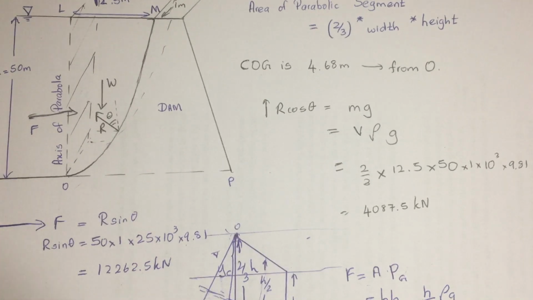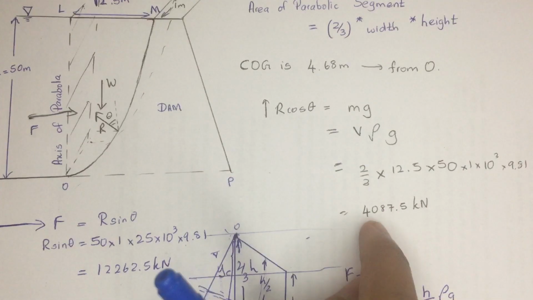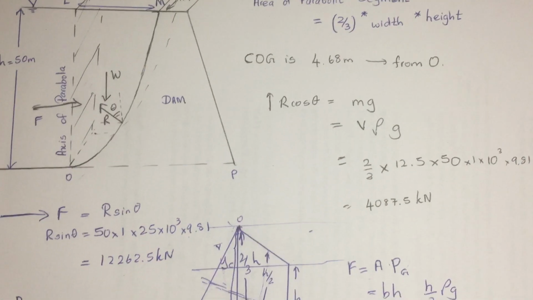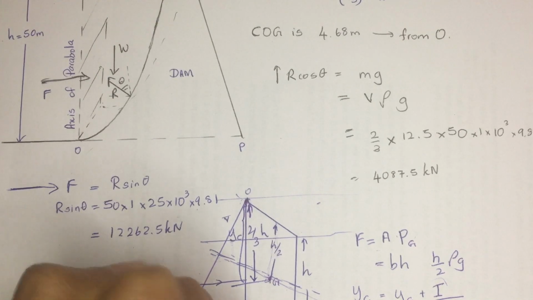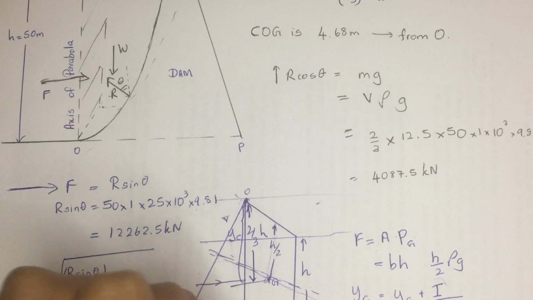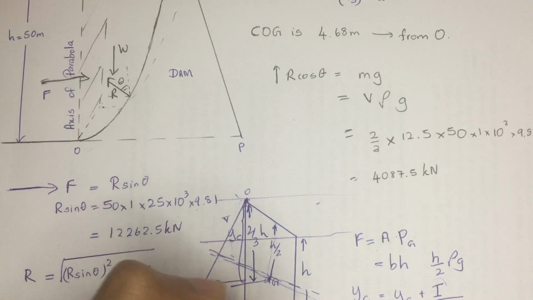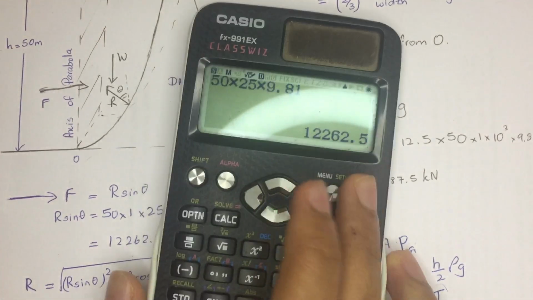But the question is, we need to find the resultant of these two. We knew the vertical component over here and the horizontal component over here. We can directly write it like this: r would be equal to the root of r sine theta whole thing squared plus r cos theta whole thing squared. If you do so, we can use this calculator again.